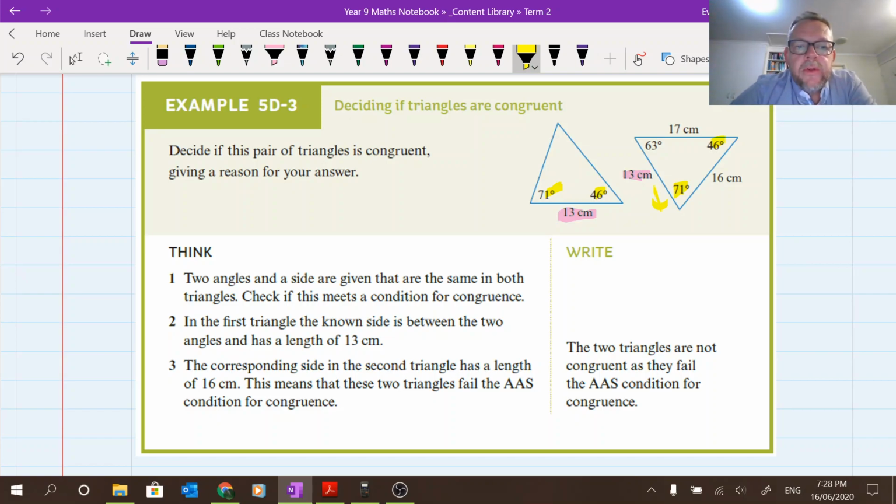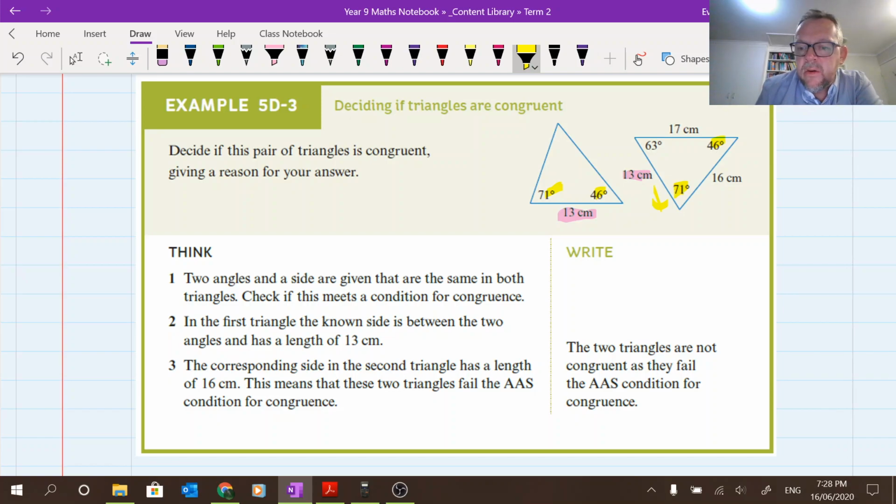So 2 angles and a side are given that are the same in both triangles. Now we need to check if it meets a condition for congruence. Now in the first triangle, the known side between the 2 angles is 13 centimeters, but the corresponding side in the second triangle has a length of 16. That means that both of these triangles fail the angle, angle, side test for congruence.